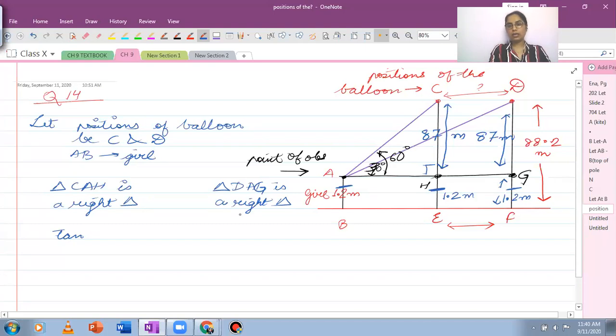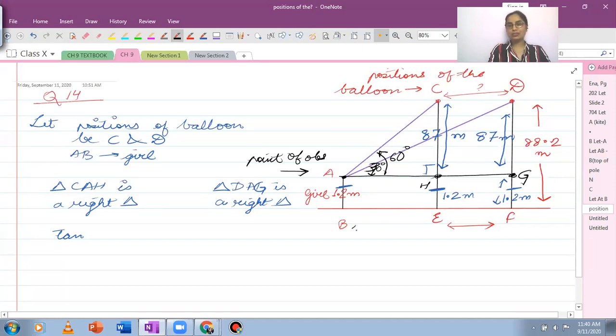Do you think I can work with the values that I've already marked, or do I need to label something else? I will require the base of the two triangles.